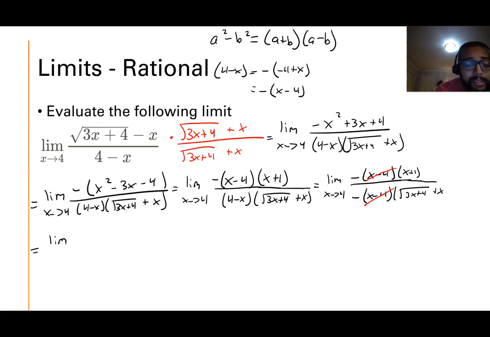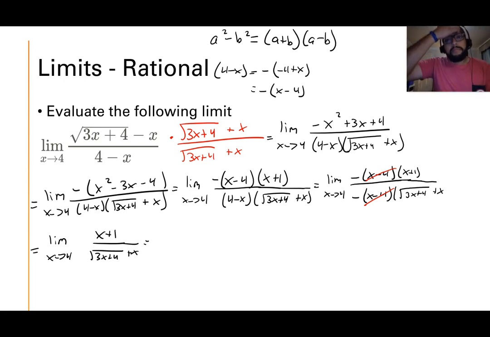I'm left with just the limit as x approaches 4 of x plus 1 over the square root of 3x plus 4 plus x. Now, before we work this out any more, let's make sure that if I evaluate my limit here, I don't get 0 in my denominator. Because if I don't get 0, I don't need to keep multiplying.